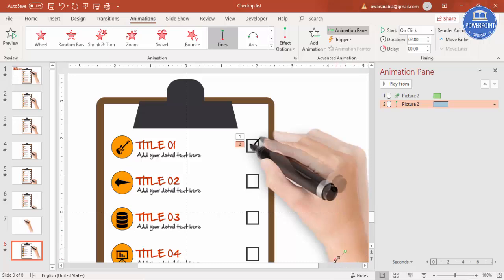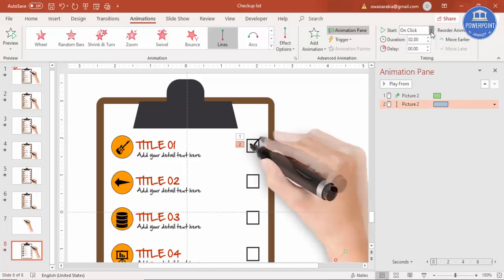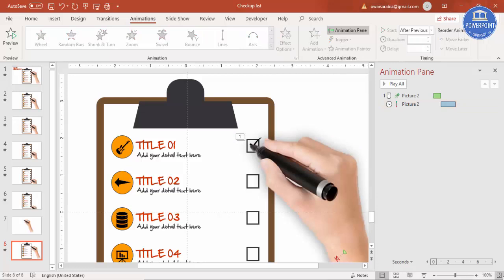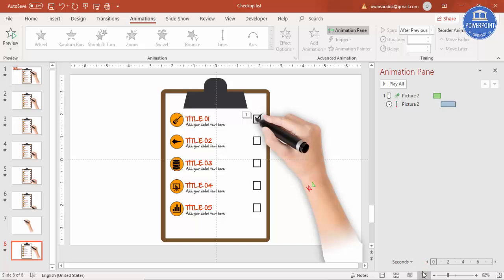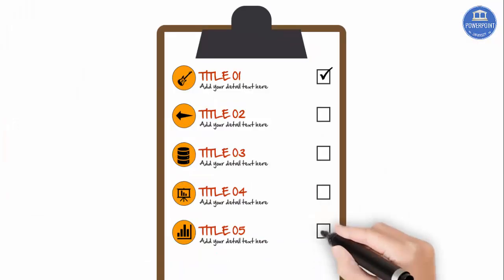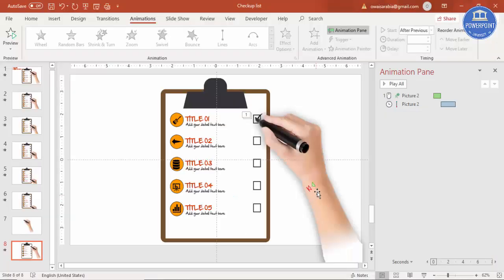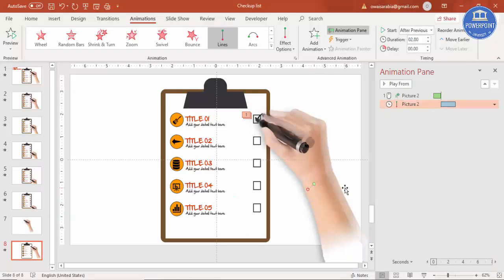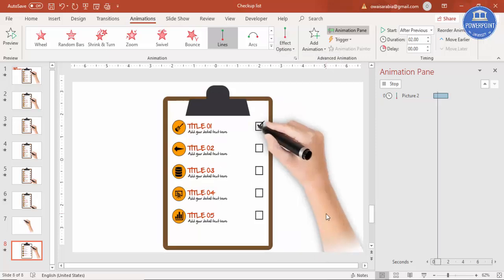Now you can see here the line there, and this should happen after previous. Now let's fit to slide and see the animation. When I click, hand comes there. Oops, the other way it's happening, so I can just reverse this animation also, reverse path direction.